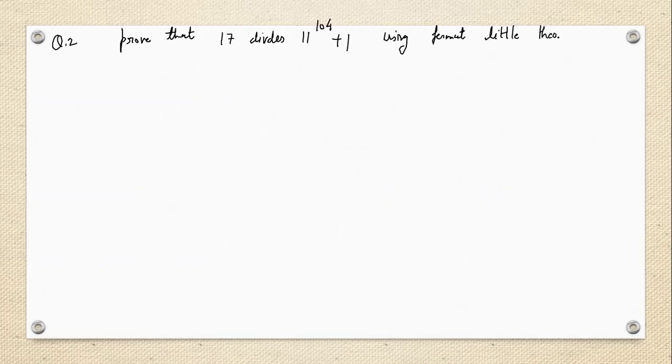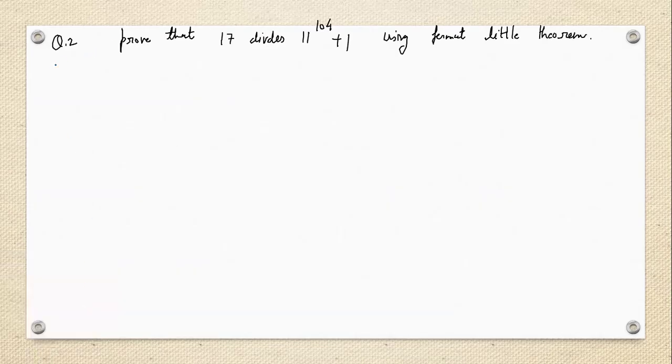So we have to use Fermat's Little Theorem and we have to prove that 17 divides 11 to the power 104 plus 1 using Fermat's Little Theorem. This one.